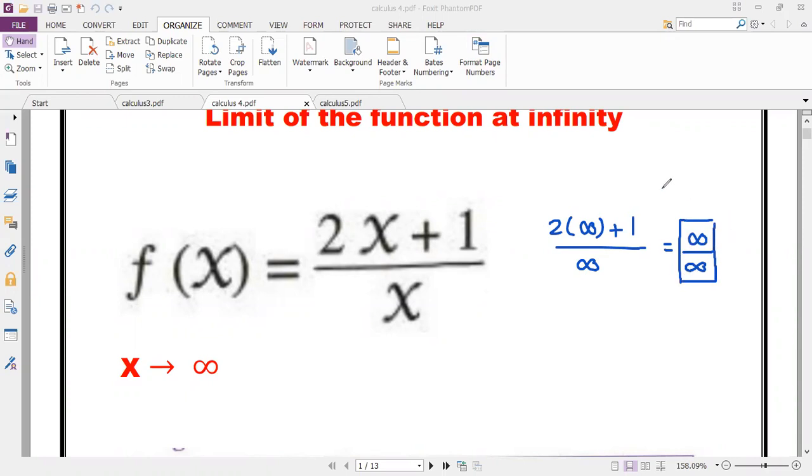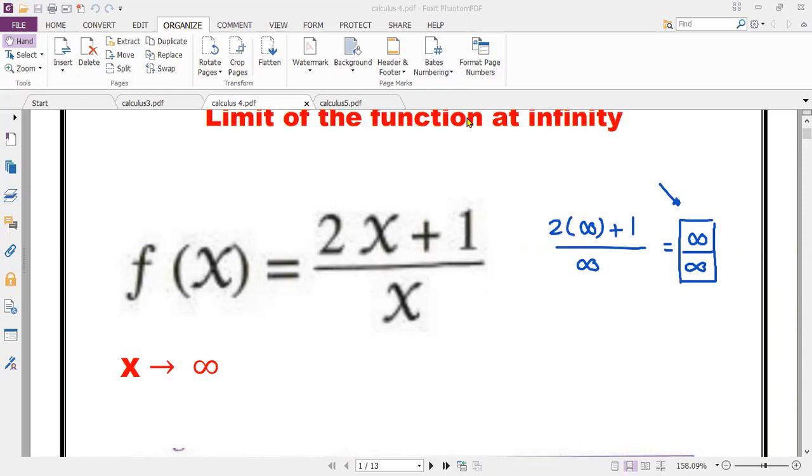From the first session we know that infinity over infinity is an unspecified quantity. I want to get the value of this function when x tends to infinity.